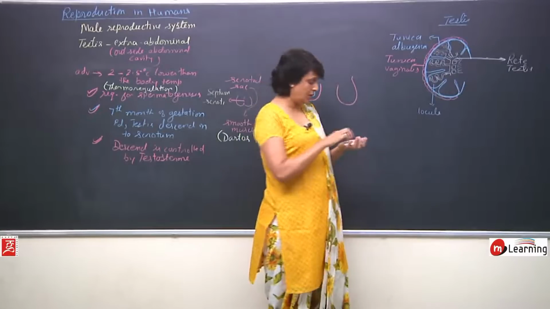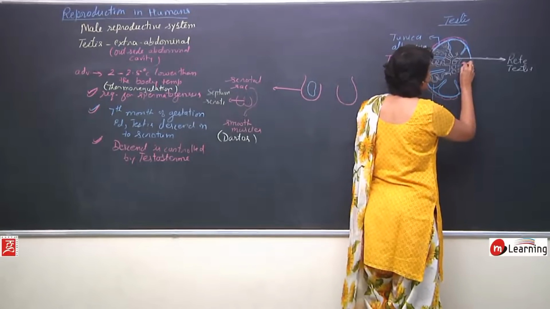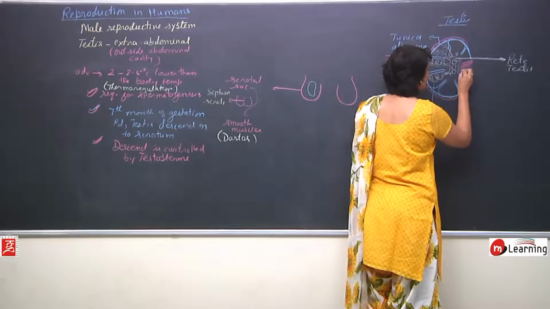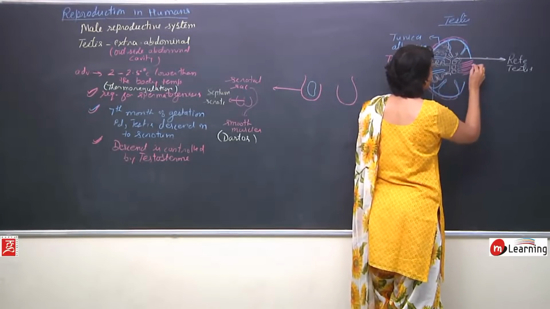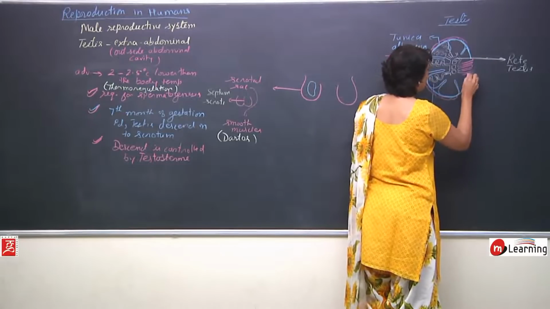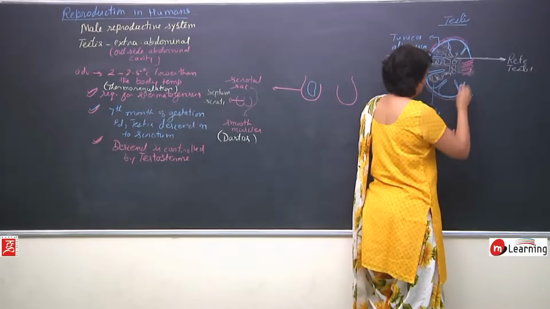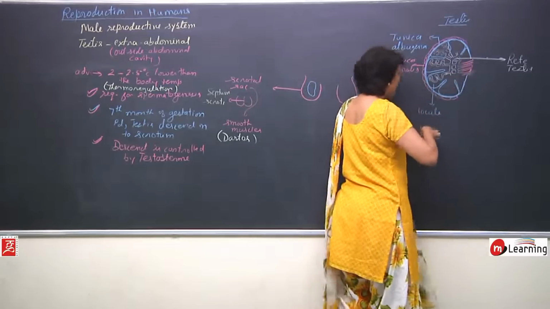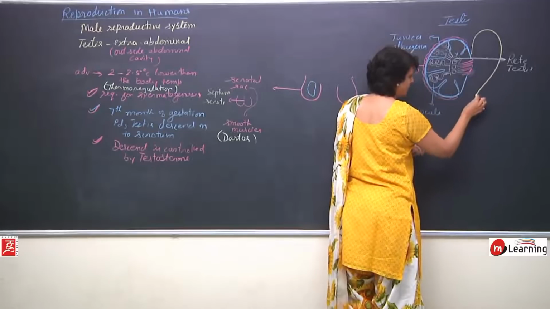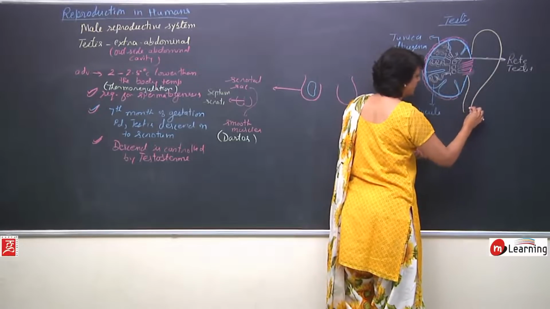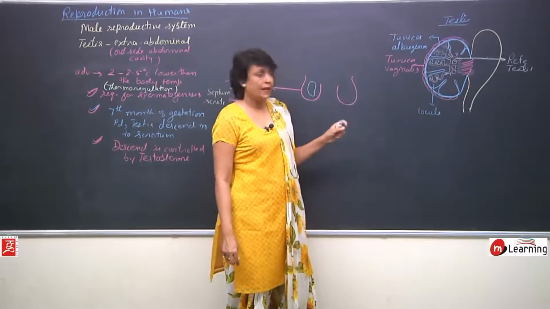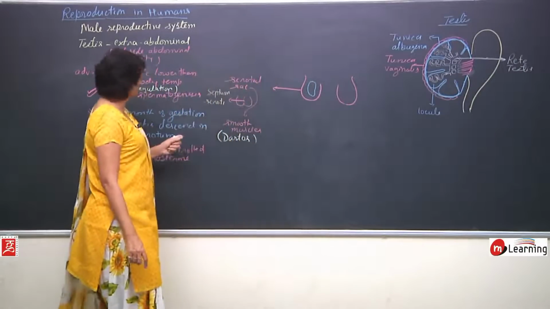All these branches open up by very thin, again straight tubes into the epididymis. So the structure which is going to come here is the epididymis. Now we are drawing it in this manner, but this epididymis is a highly coiled structure. So we will talk about this epididymis also in a minute.